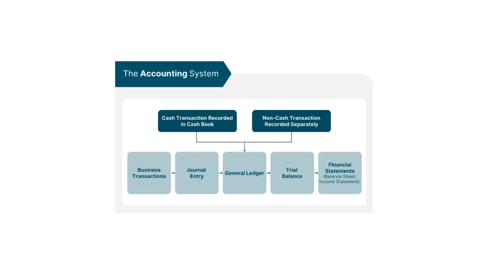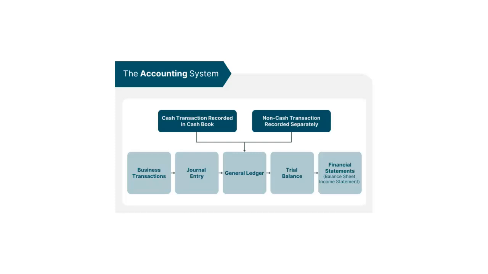The journal entries are then passed on to the general ledger, which hosts all various types of T accounts prepared in accordance with the golden rules of accounting.